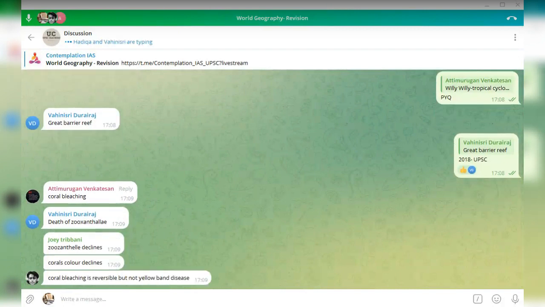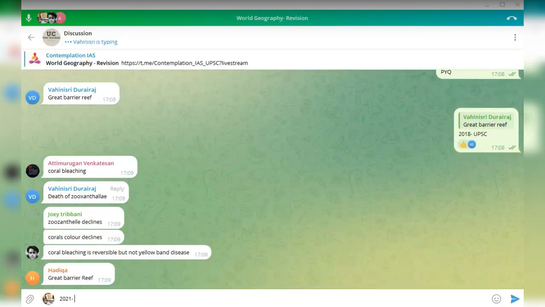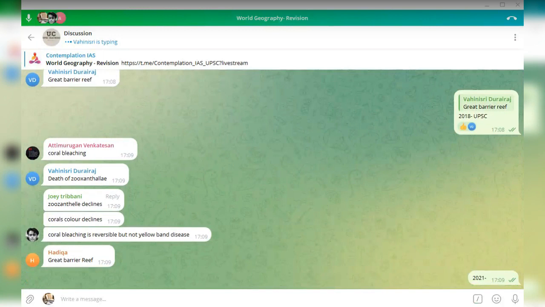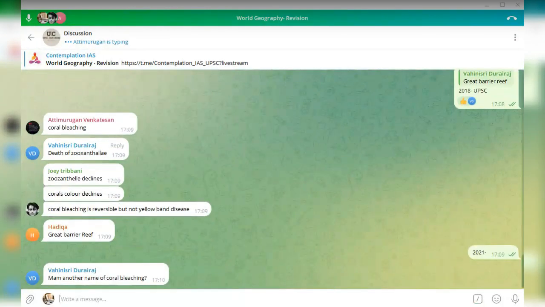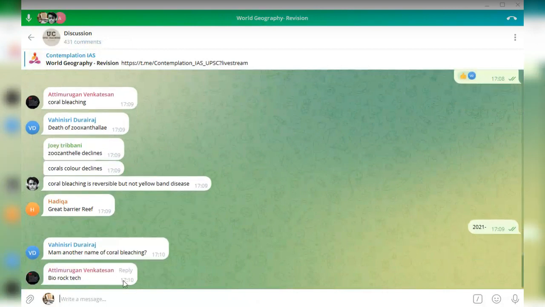And 2-3 years back, in 2021, there was a question on coral reef. Anyone remember what the question on coral reef was? Coral bleaching, sometimes it is called coral paling as well. Okay, exactly. Biowork technology. There was a PYQ on biowork technology as well.